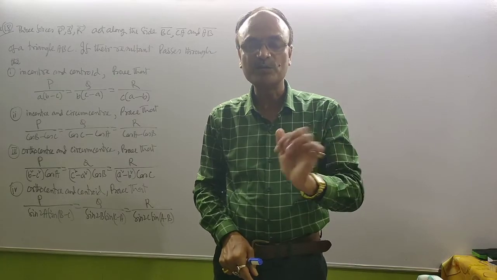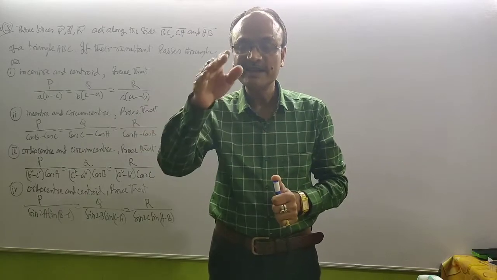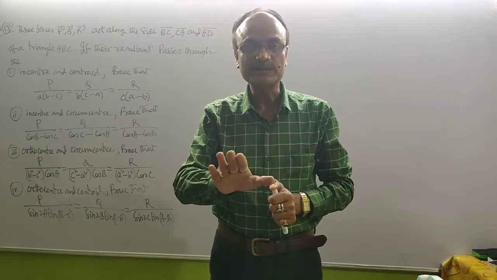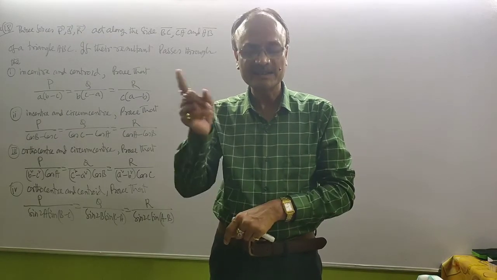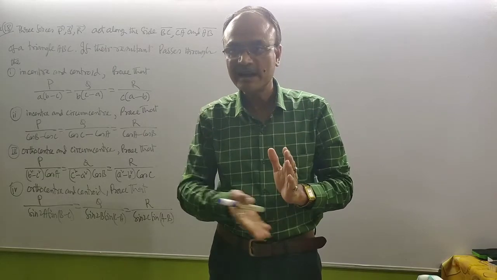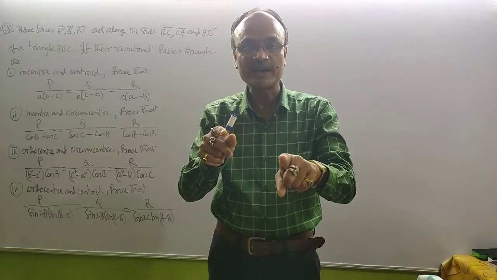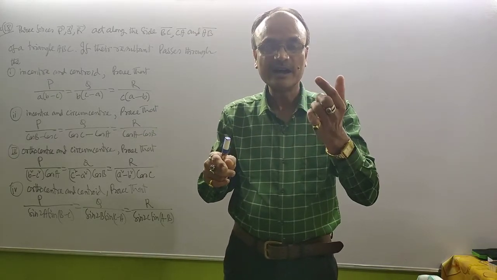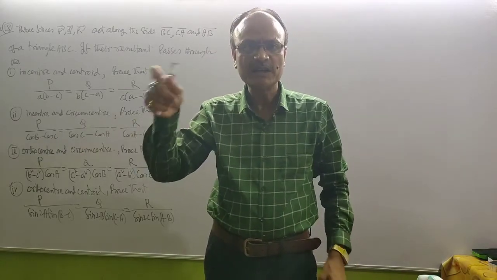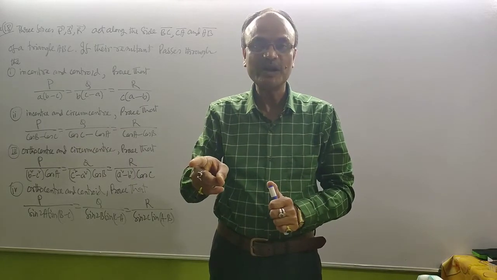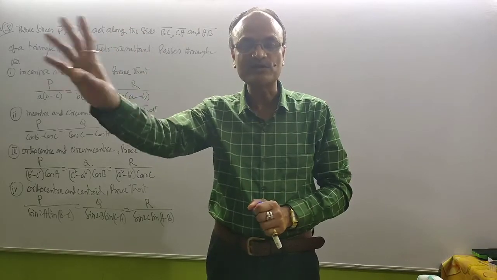We have proved that if 3 forces P, Q, R are acting along BC, CA and AB respectively of a triangle, and if the resultant passes through the incenter of the triangle, then P plus Q plus R equal to 0. If the resultant passes through the centroid, then P by a plus Q by b plus R by c equal to 0.